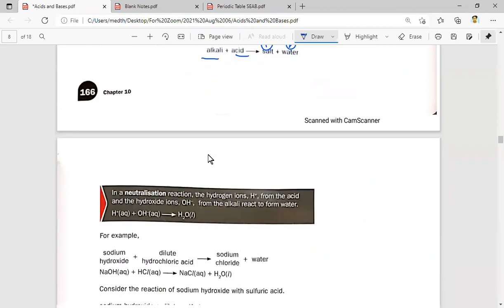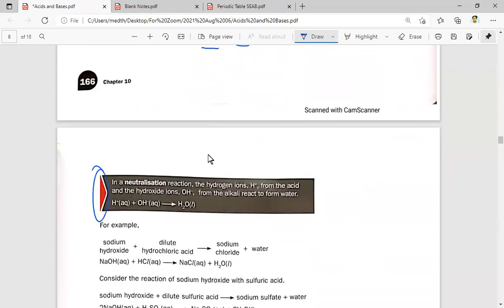At this point, a new term is introduced. When we have H+ ions from the acid and hydroxide ions from the alkali, we undergo the neutralization reaction, when the H+ and the OH- come together. So you have this ionic equation here.